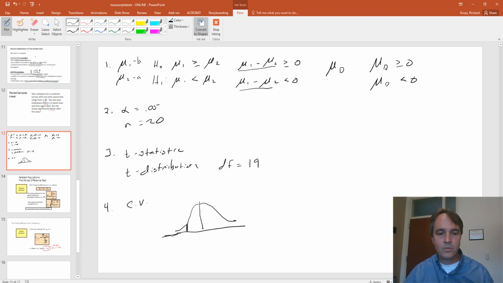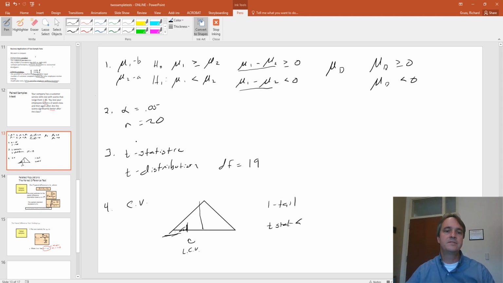So this is a one tail; we just want one tail. We need to find this critical value, and we're interested in whether our t-statistic is less than this left critical value. How do we find it? As always, it depends on our level of significance, 0.05, and our degrees of freedom. I'm going to use Excel to find this, but let me just write down the function really quick.